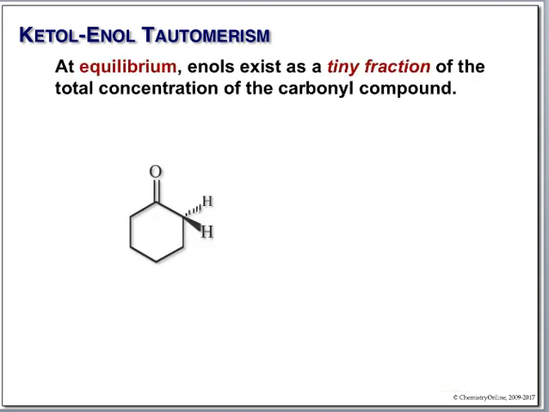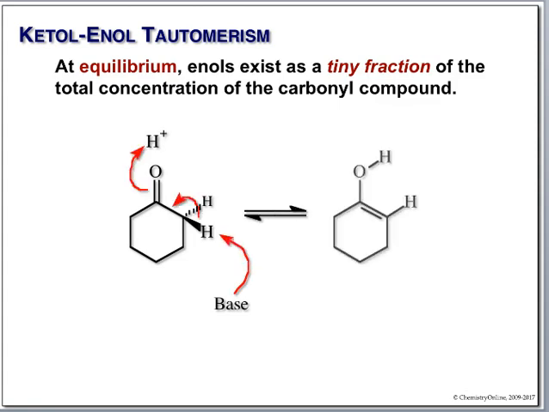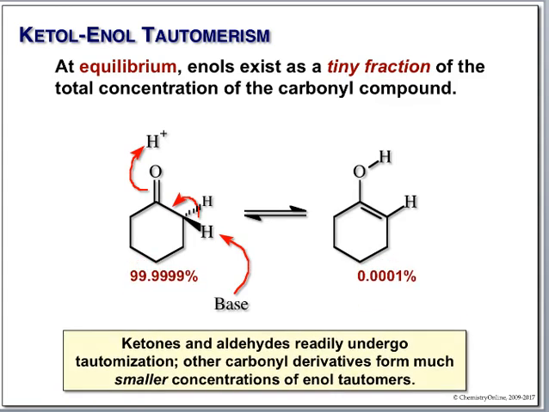Now the enol is a very, very small fraction of a ketone or aldehyde at equilibrium, usually. If we have cyclohexanone, 99.999% is going to be present as the ketone, and only a tiny bit here as the enol.